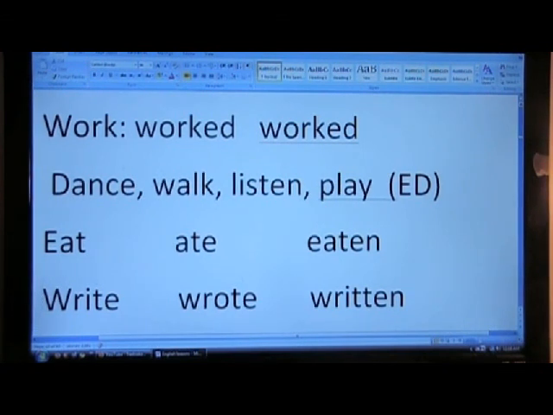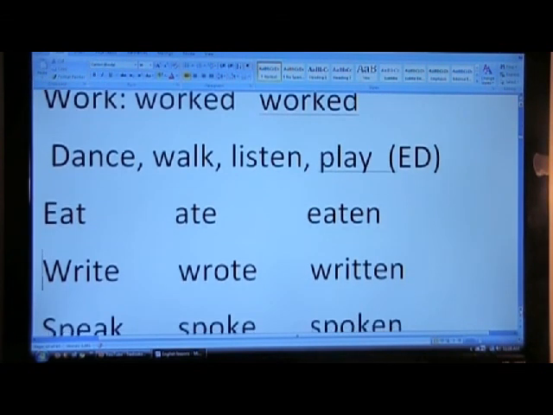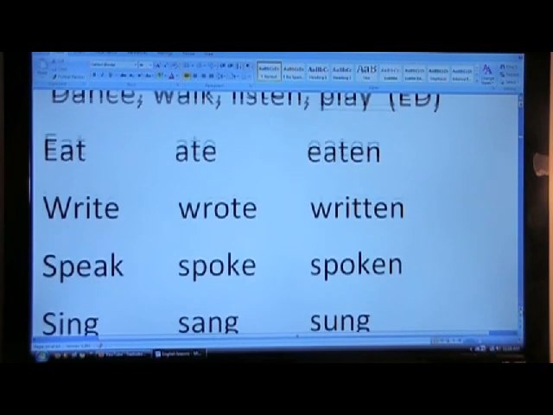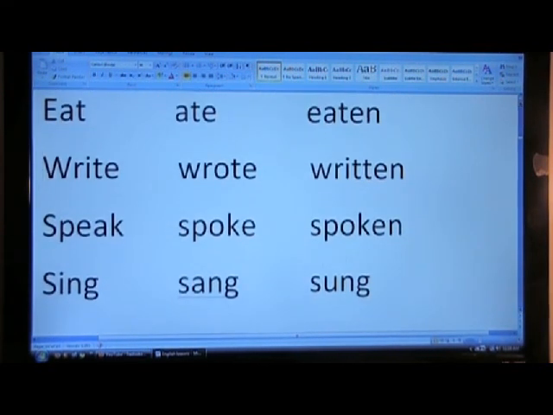But these other verbs that we look at now are irregular verbs. For example, eat, past becomes ate, third format becomes eaten. Write, wrote, written. Speak, spoke, spoken. Sing, sang, sung.